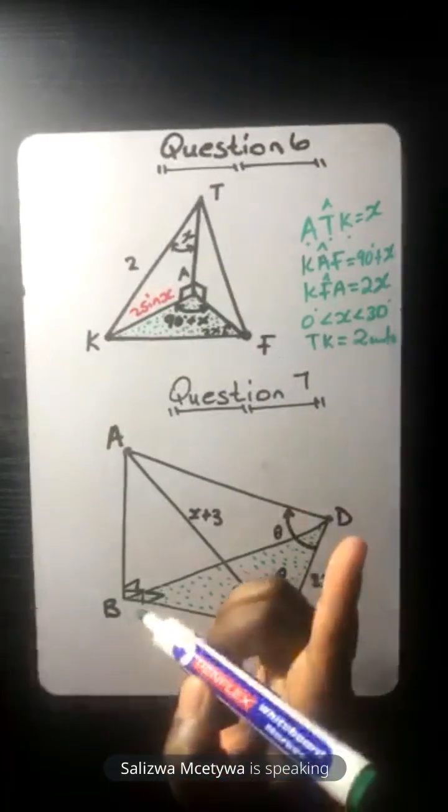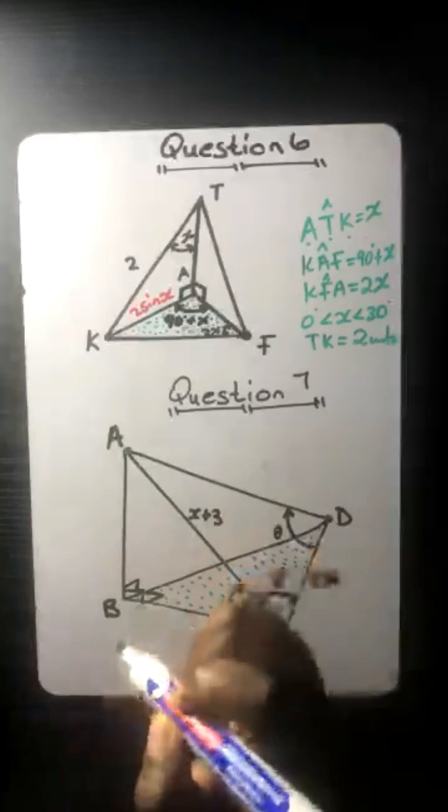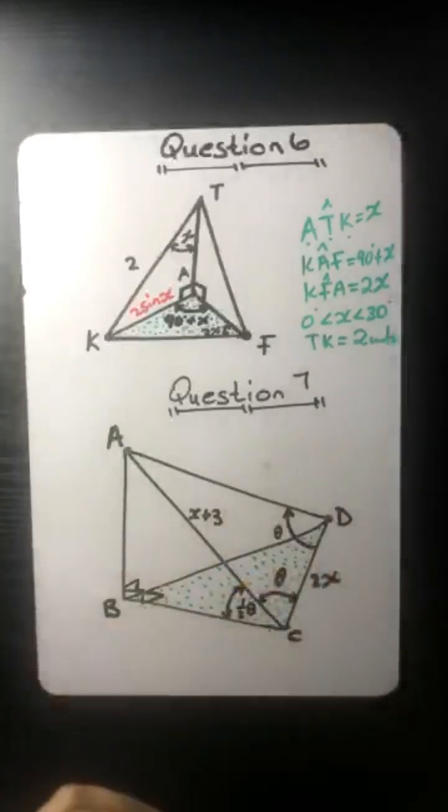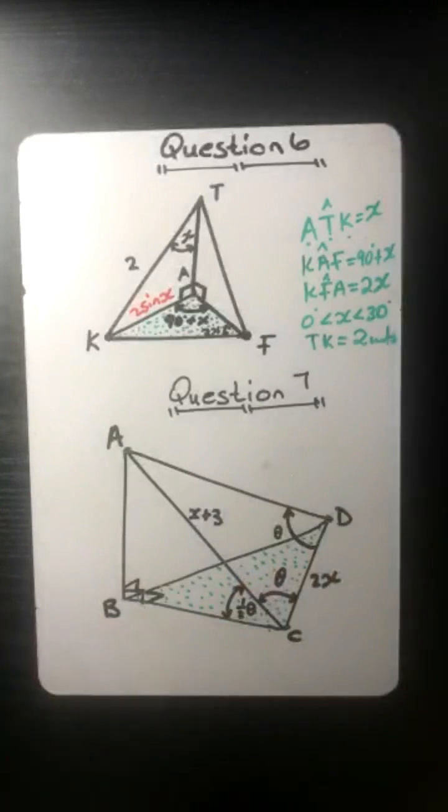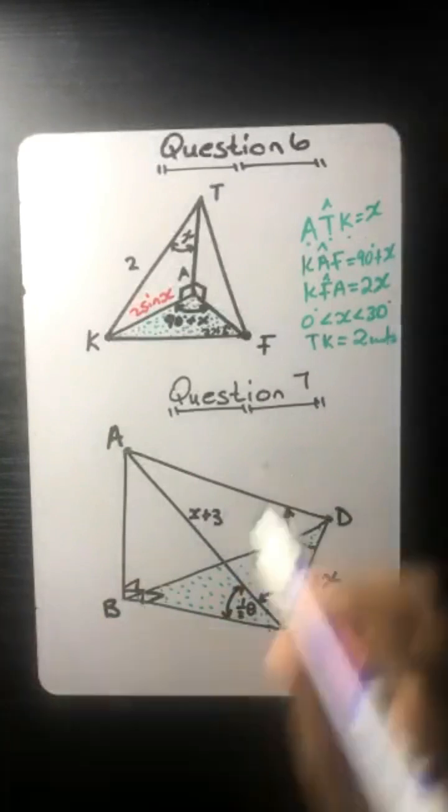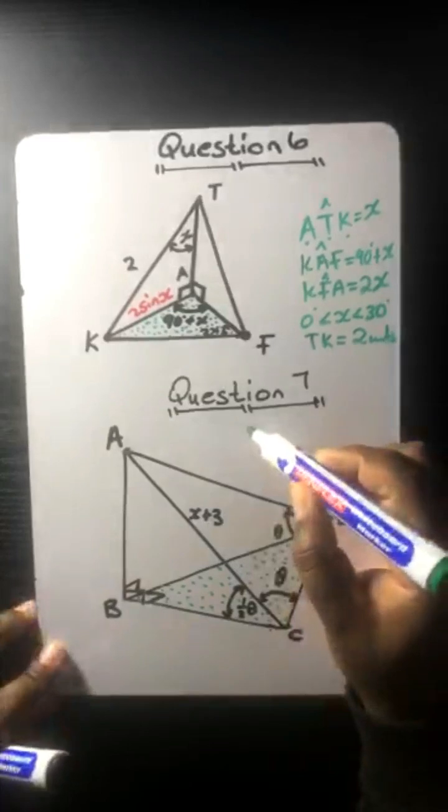Most importantly, isosceles triangle. So can you guys see? Very much important that you know what an isosceles is. So now they've just explained there.